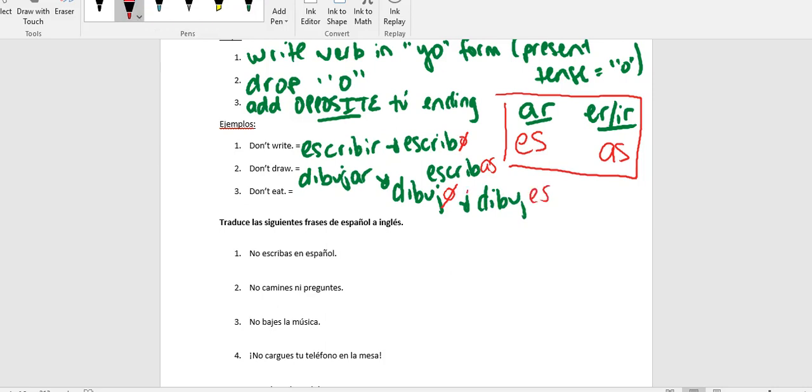Remember, all of these would have a no. No dibujes, no escribas. Lastly, for eat, our verb is comer. Our yo form is como. We don't want that though. We drop the O. And we do the opposite ending, which is an AS. So we get no comas.